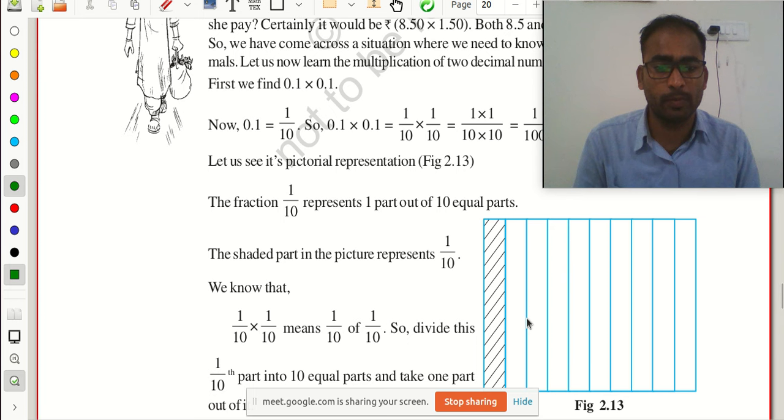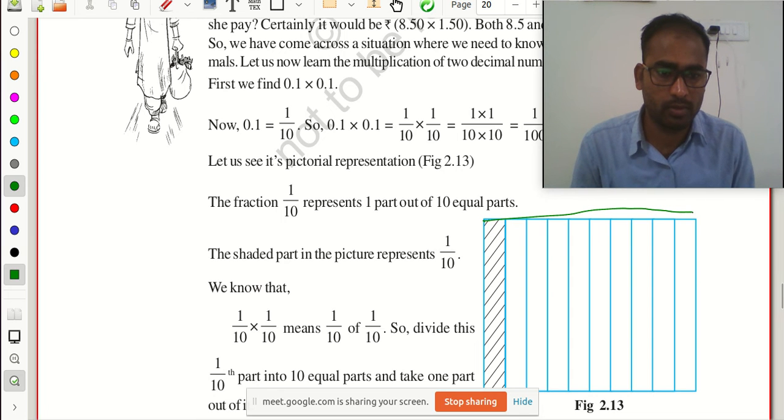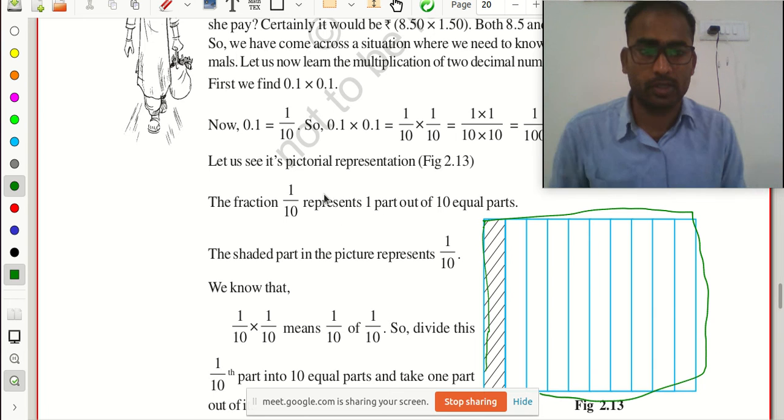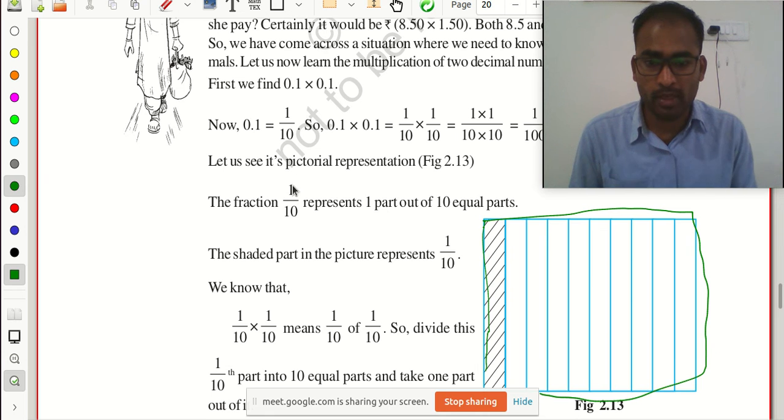Suppose initially I have one full portion, this one. This is a full portion. Then I want to divide it into 10 parts, so each part will be 1 out of 10.